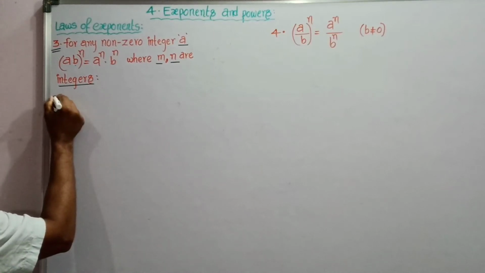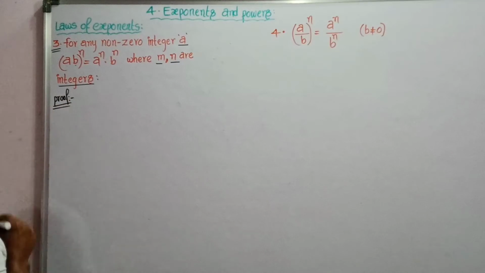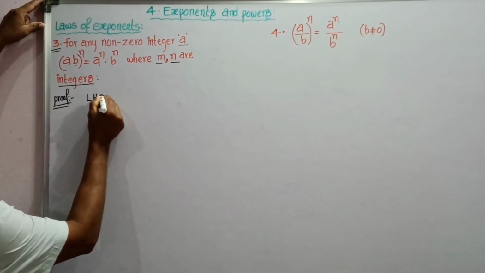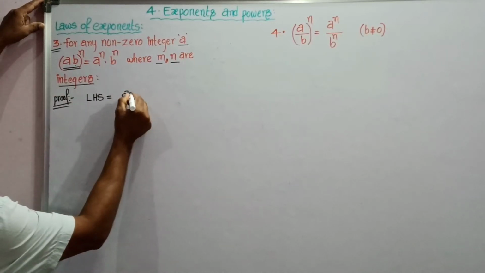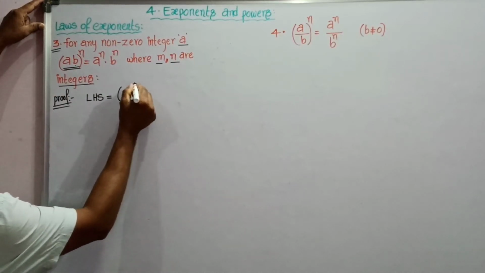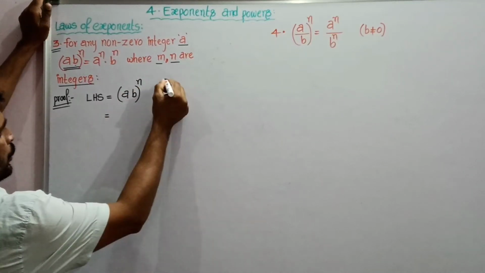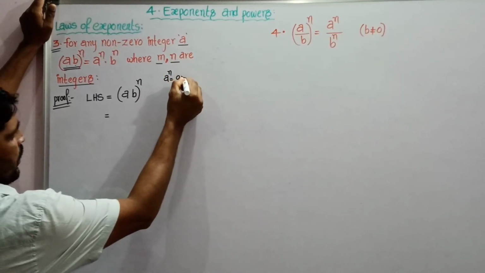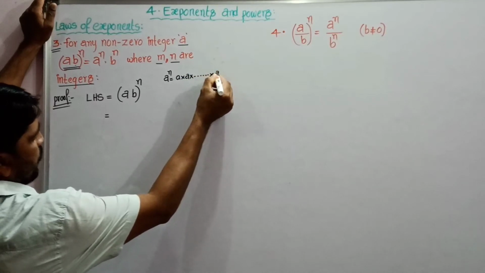Let us see the proof of this law. Consider the LHS, the left hand side, that is (a × b)^n. By the definition of exponents, a^n means a occurs n times in the product.